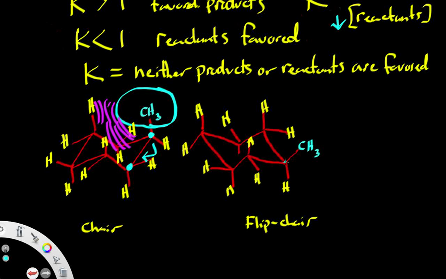So now we are over here, but we are also in an equatorial position. And so it's still going to occupy the same amount of space, but now it's going to have a lot more freedom to do so. And that's just reinforcing what I said earlier in reference to substituents wanting to be in that equatorial position relative to the axial position.